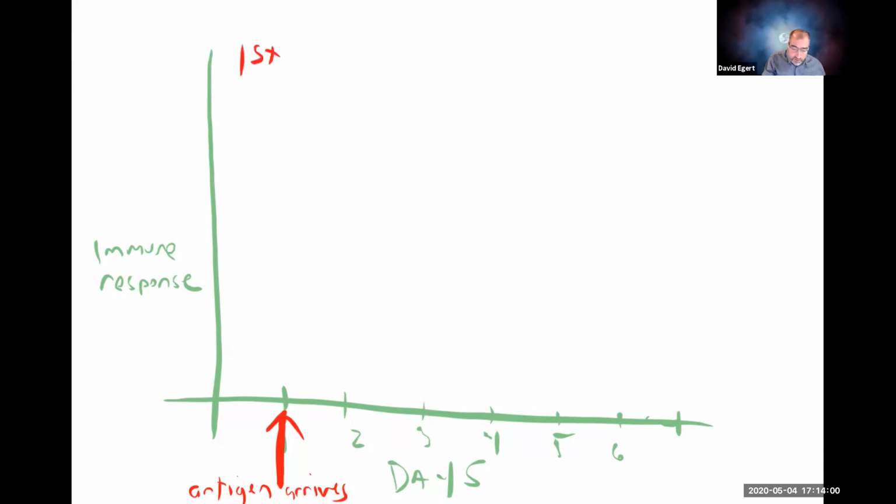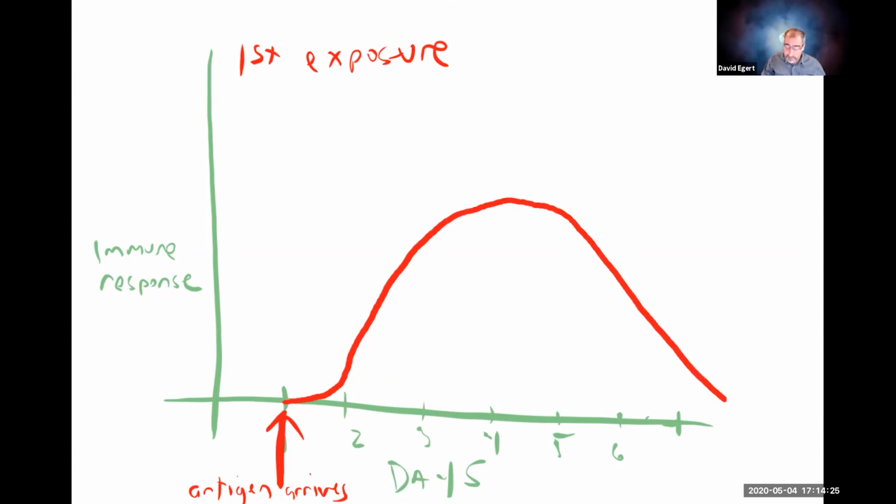On first exposure, it takes a while for the immune system to ramp up. This thing arrives, you start getting sick, your immune system recognizes it, presents it, you start making clone armies, you get your whole immune system on, and then you're fighting and it goes away and you get better. You get sick in the meantime because there's a lag between when the pathogen got into your body and started taking over, and when the immune system responded.